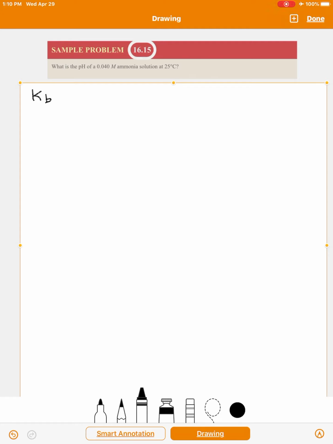And for ammonia, which is NH3, you'll find that the Kb value is 1.8 times 10 to the minus 5. Happens to be the same value of Kb that acetic acid, a very common weak acid, has for its own Ka. That's an acid, so it's Ka. So now let's do this very standard weak base problem.